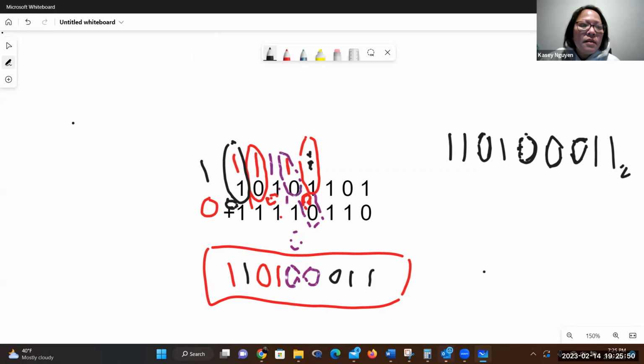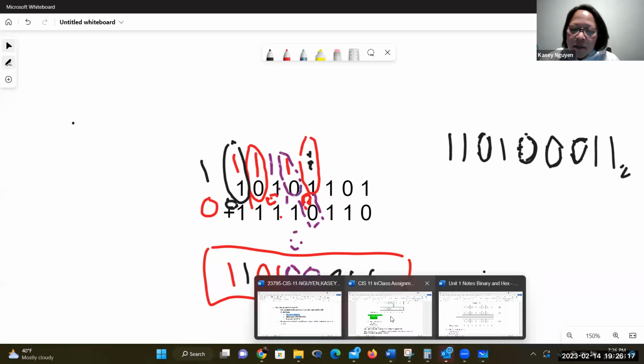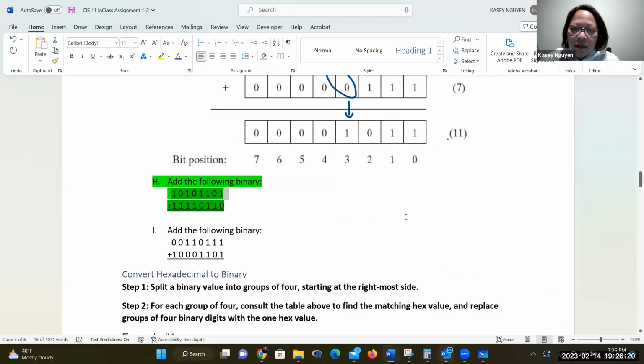Okay, so let's see. With addition in binary, there were numbers under the answer. Oh, okay. So when you're looking at the notes, this right here represents the bit position.